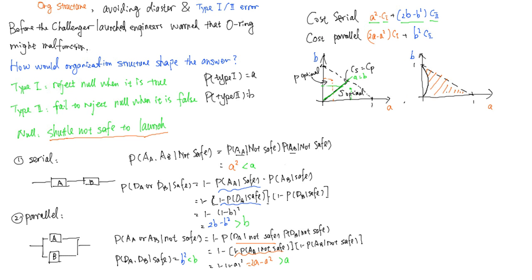So when the cost is way larger for type 1 error, the organization needs to be more conservative. And that is the insight of applying type 1 and type 2 error to analyze the probability of making a mistake for different organization structures.